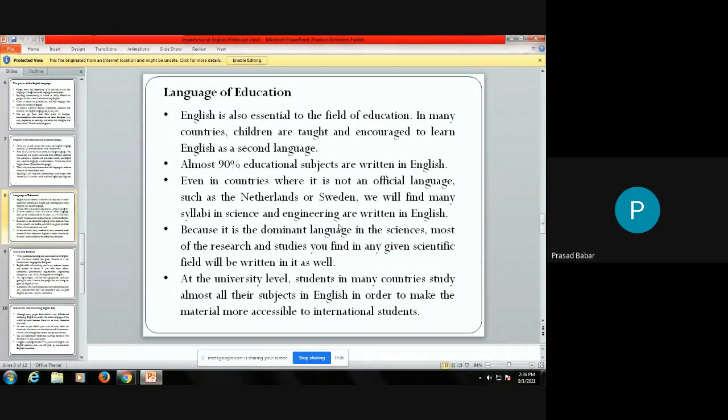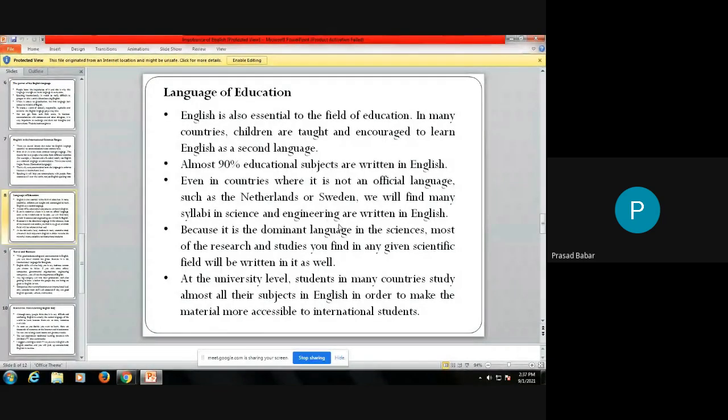The next point is that at the university level, students in many countries study almost all their subjects in English, in order to make the material more accessible to international students.